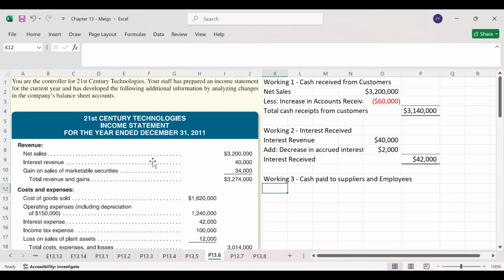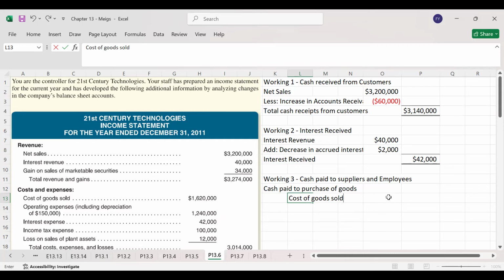So, first of all, we have cash paid for the purchase of goods, and for this we have a starting point of cost of goods sold. The total cost of goods sold, you can see in the income statement here, is 1.62 million.